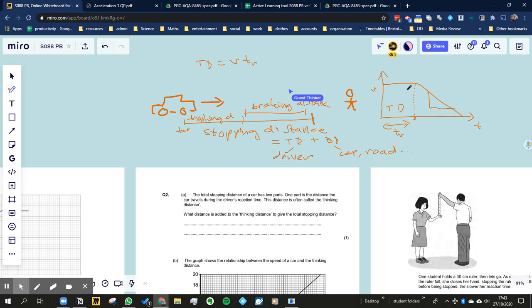And then this distance here is going to be his braking distance, which is again a triangle, so it's equal to half multiplied by, and what can we call this? I suppose we can call it the braking time. There's probably a more useful thing we could do, but for now let's call it the braking time. So that's half times V times TB.